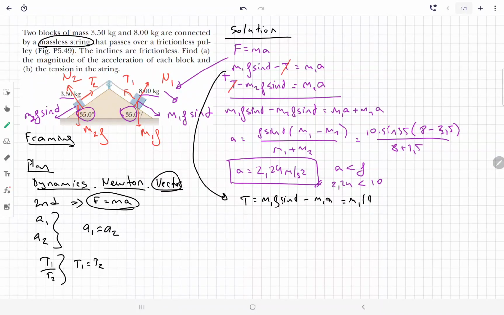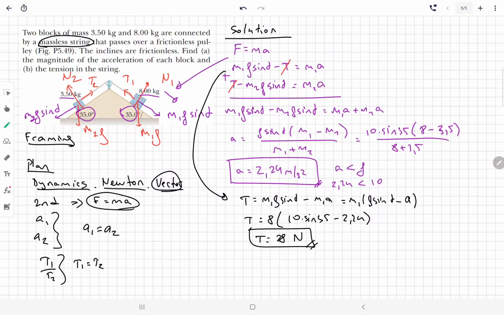So m1g sine alpha minus acceleration: 8 kilogram, 10 times sine 35 minus 2.24. So tension will be equal to 10 times sine 35 minus 2.24, times 8, approximately 28 newtons.